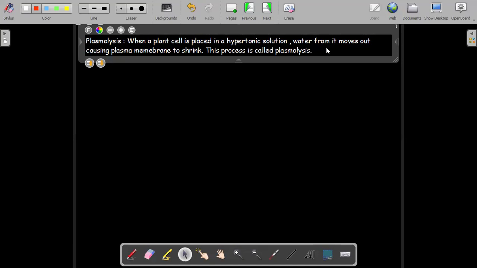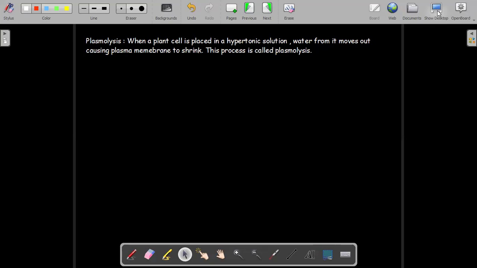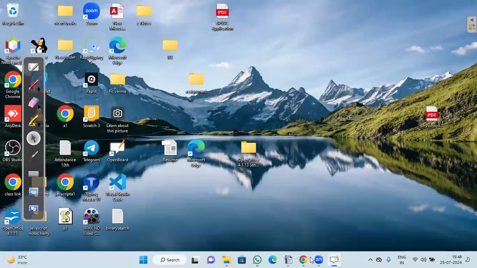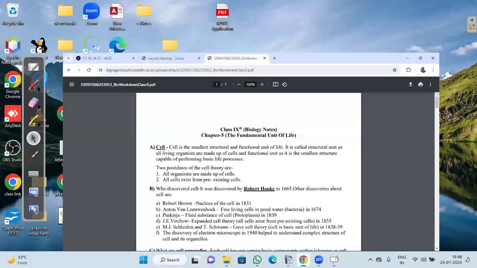So understood what happens in the case of plasmolysis. In the case of plasmolysis, the water from the cell moves out, causing the plasma membrane to shrink. And this is called plasmolysis. So let us look at a plasmolyzed cell.